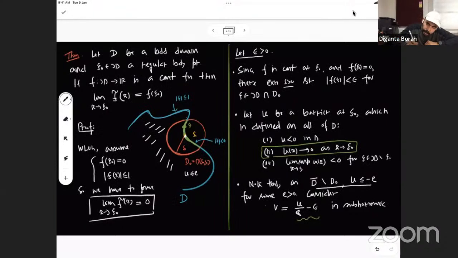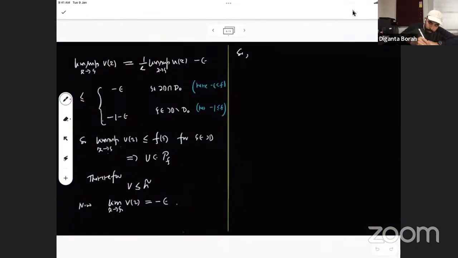So what I'll do, this delta, the earlier delta, either I take a new delta or just take a smaller neighborhood. Okay, so I just say shrinking delta. Taking delta smaller if necessary, I now take a smaller value of delta, which I can definitely do.